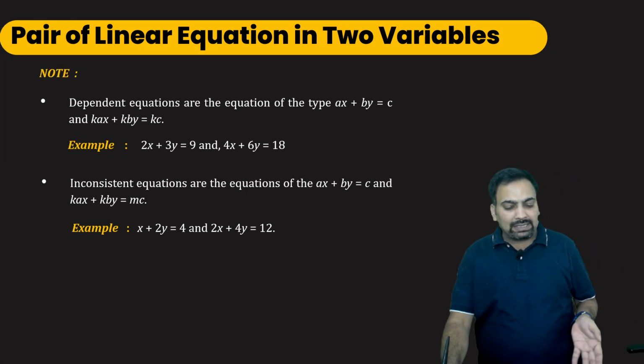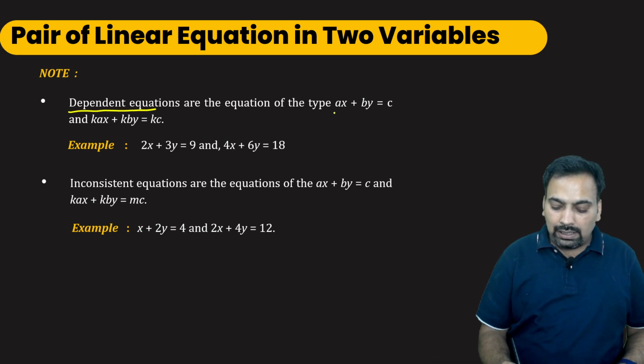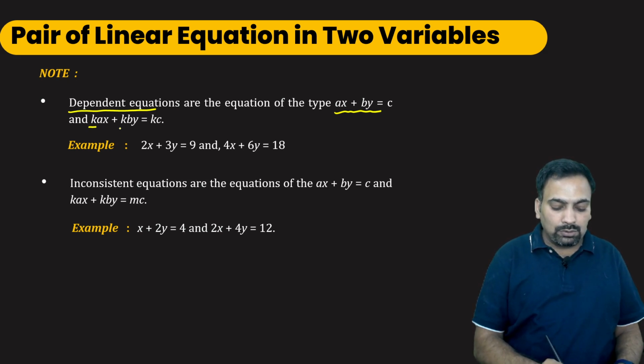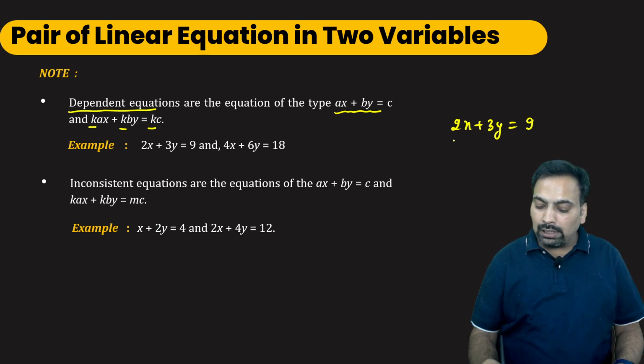Okay, now move to the part of examples of the dependent equation. ax plus by is equal to c, then there is some constant. You can understand like this: 2x plus 3y is equal to 9. If I multiply this whole equation with 3, 6x plus 9y is equal to 27.